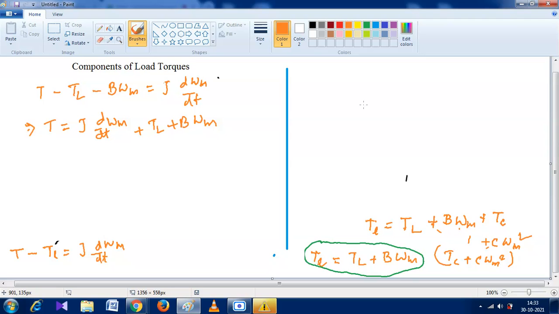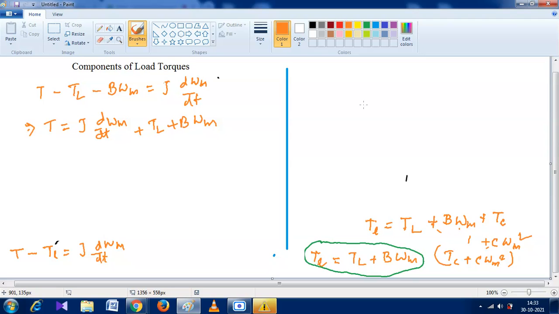Suppose we have a load system, we are driving a load by a motor. So we have to do some work. For that work we need useful torque, that is TL, and due to friction, since this is rotating in air, there is some friction.